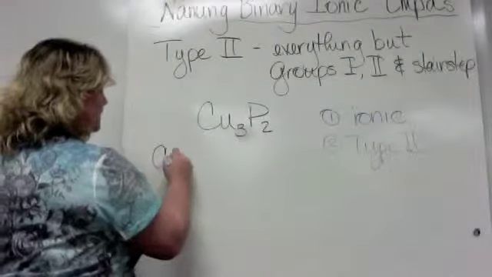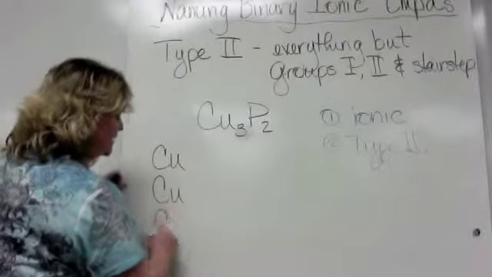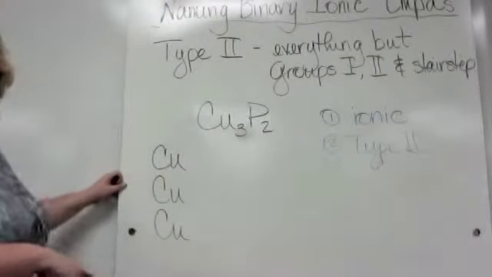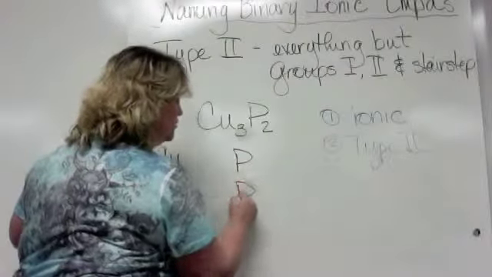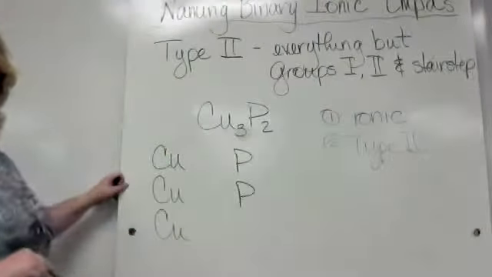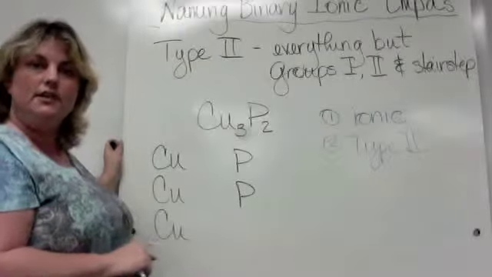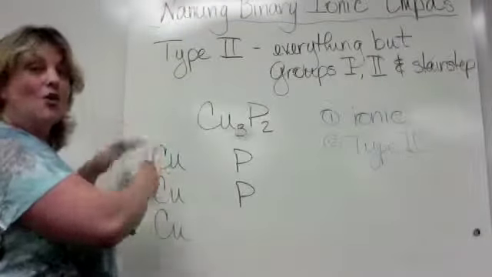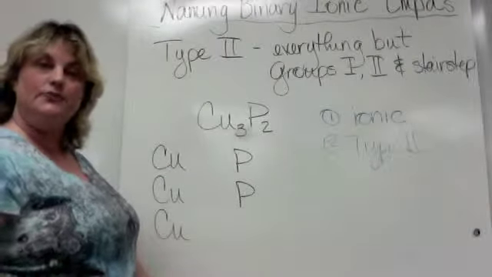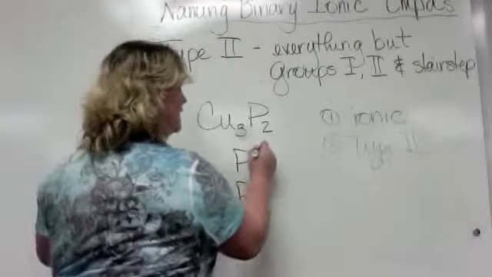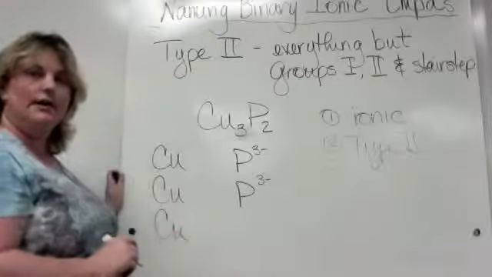So, what I have now is 3 of those copper ions and 2 of these phosphide ions. Well, what's the charge on the phosphide ion? Because I don't know what it is on the copper. Well, the phosphide is in the nitrogen family, making it a -3.